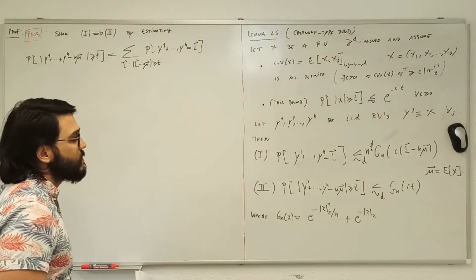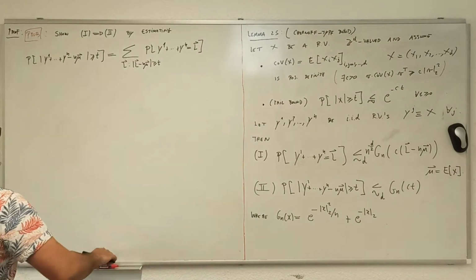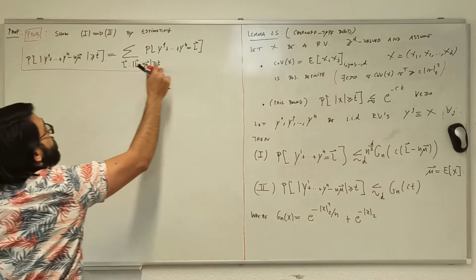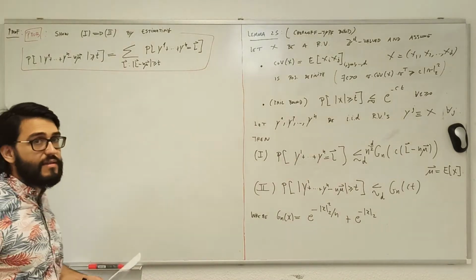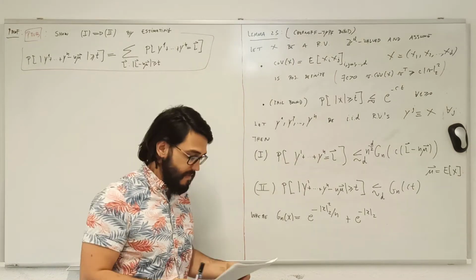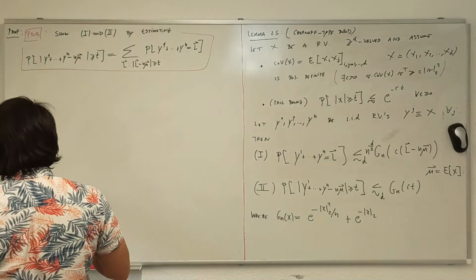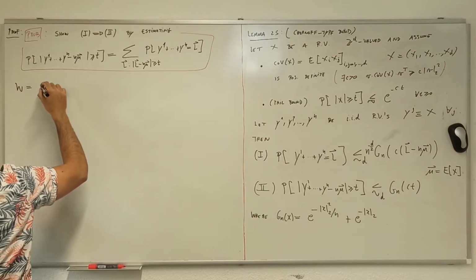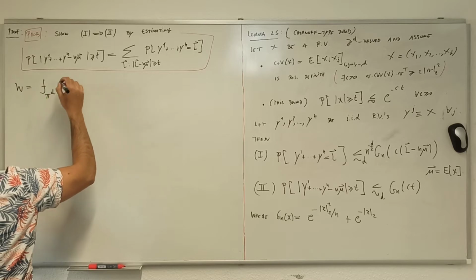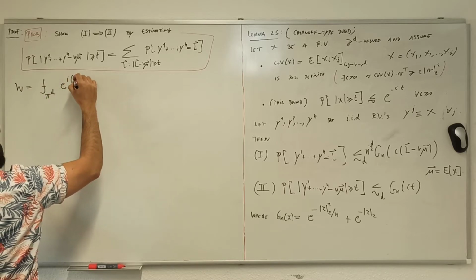So this is pretty standard. So I will only show item 1. And to show item 1 I will use what's called the Fourier method. So I will define this random variable, which will be this guy here.